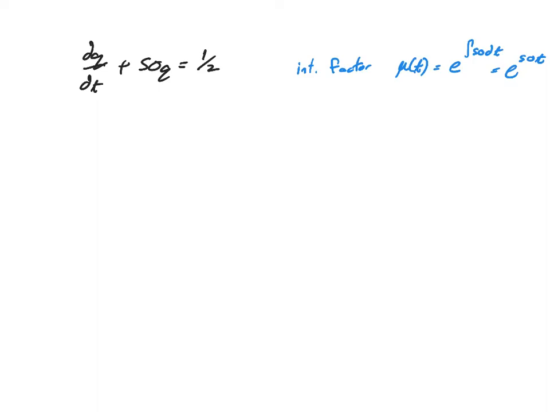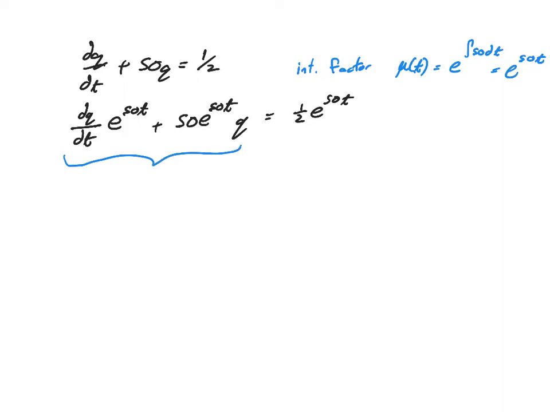So now when I multiply each one of these by that, I have dq/dt times e^(50t) plus 50e^(50t) times q equal to 1/2 e^(50t). And you can see that right here, that should turn into d/dt of e^(50t) times q.